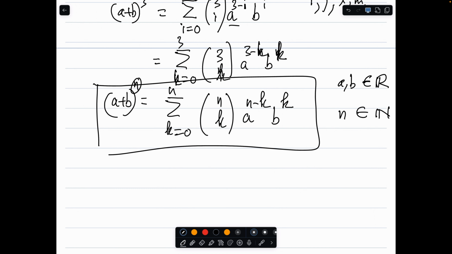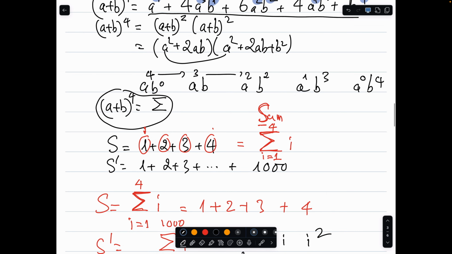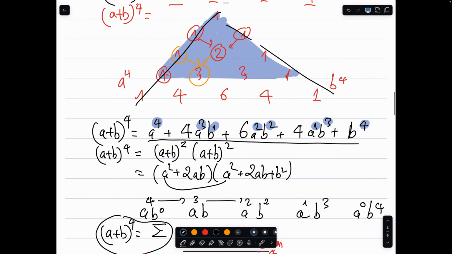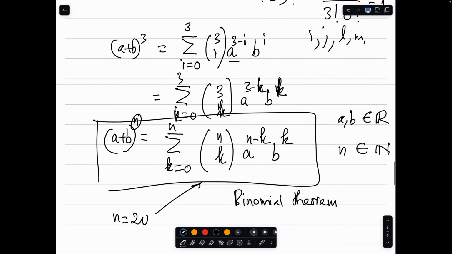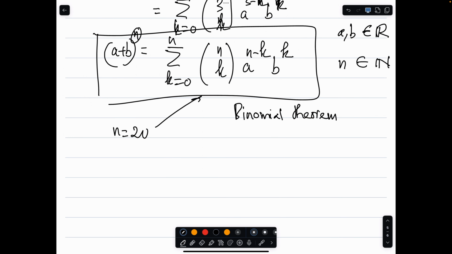That is the binomial theorem. With this, if you want n = 20, no problem, just plug in the formula. You don't have to build the Pascal triangle row by row, 4 and 5 and 6, going step by step to get to 20.